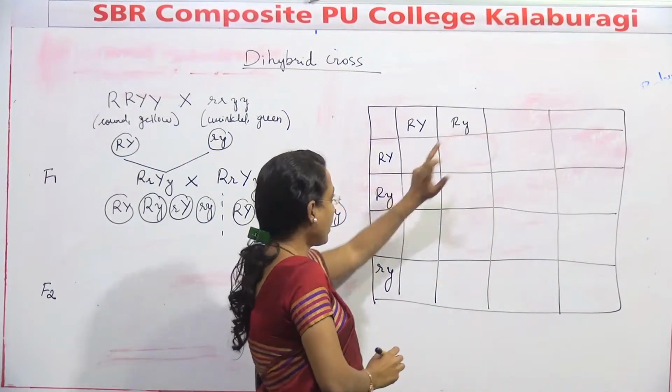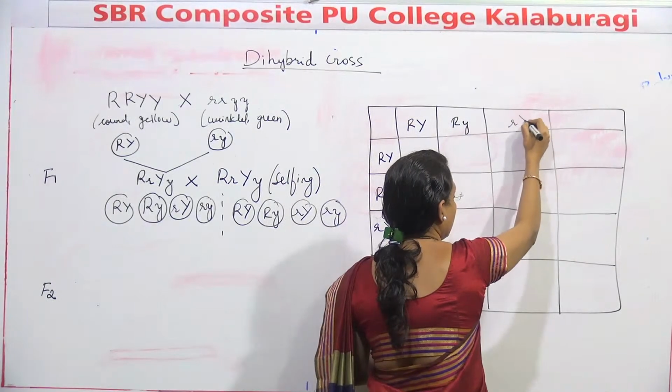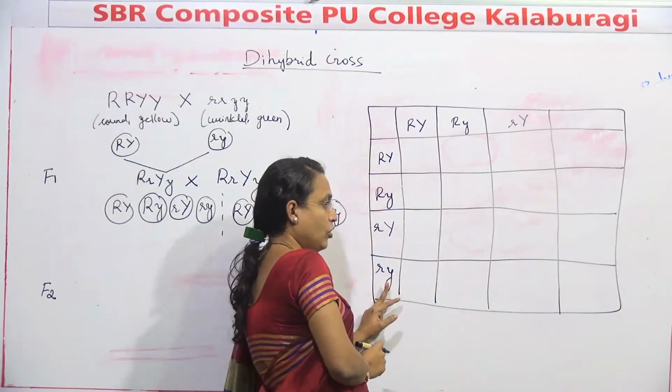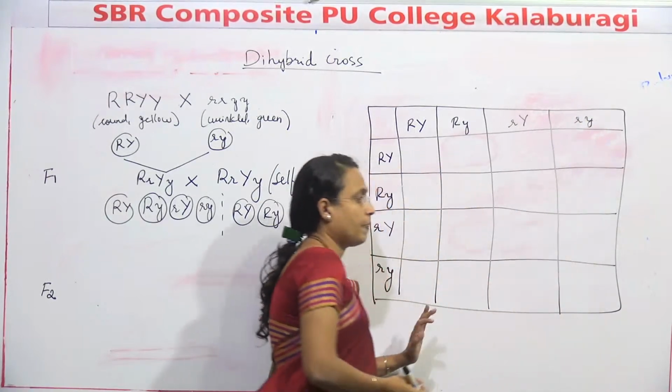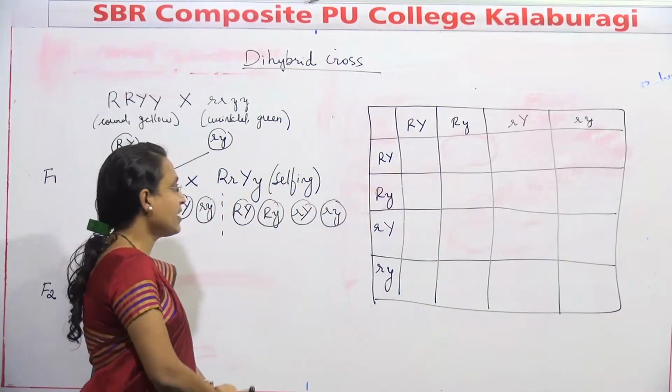This is the second gamete, the third gamete, and the fourth gamete. Both sets of gametes are similar.